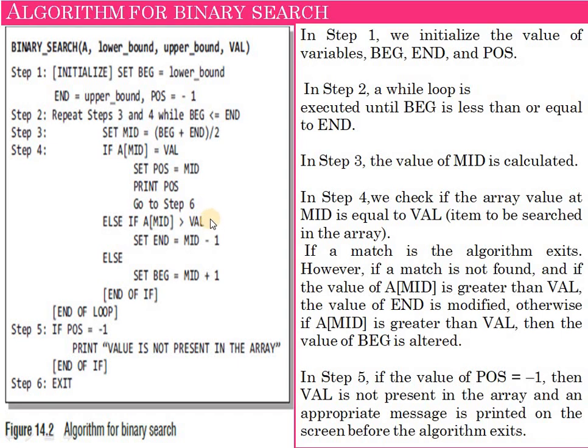If that is the condition, meaning our target element is less than that particular A of mid, then the element will be on the left side. Yes, it is less than mid. So we have to decrease the upper bound to mid minus 1. Now we have to check the left side.